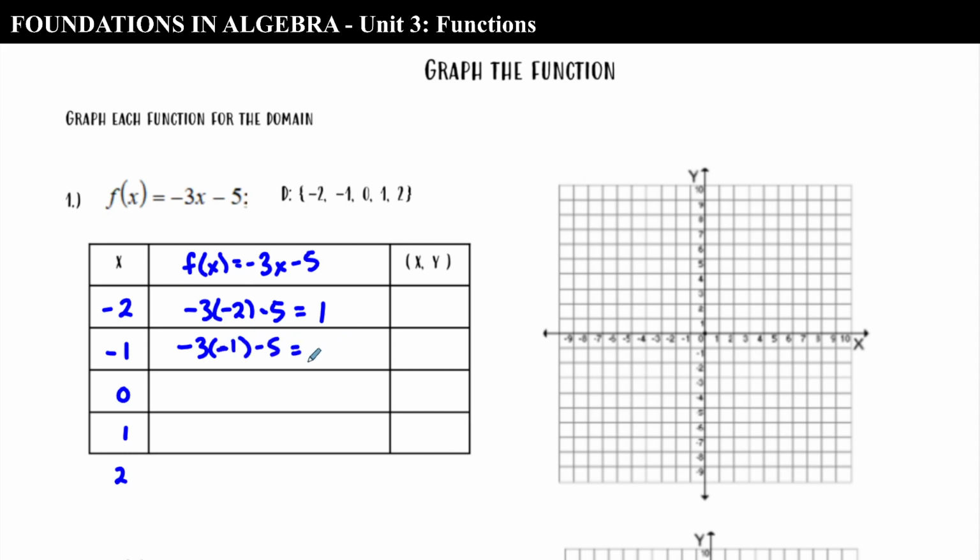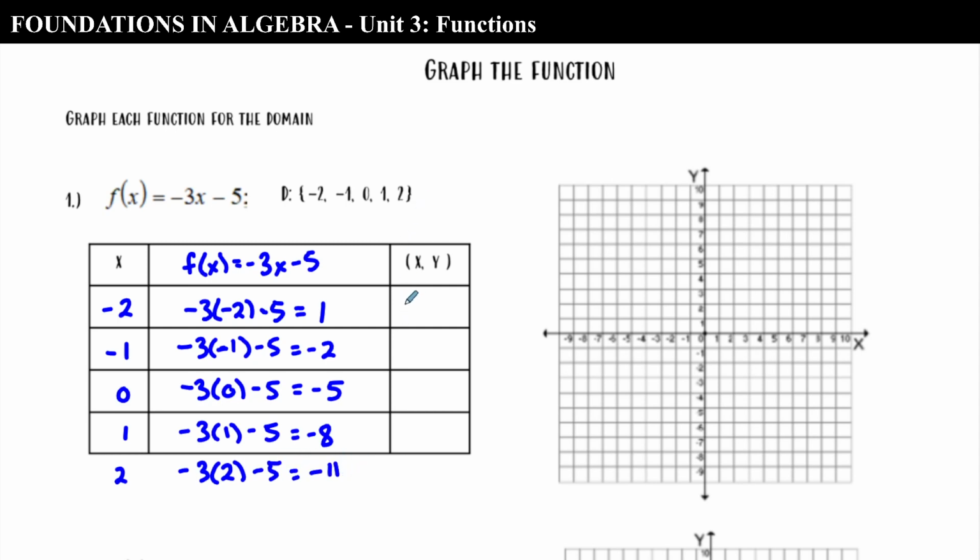That's going to give us 3 minus 5, which is negative 2. Then we have negative 3 times 0 minus 5, and that's going to give us negative 5. Then we have negative 3 times 1 minus 5, which is negative 8. And then finally, negative 3 times 2 minus 5, which gives us negative 11.